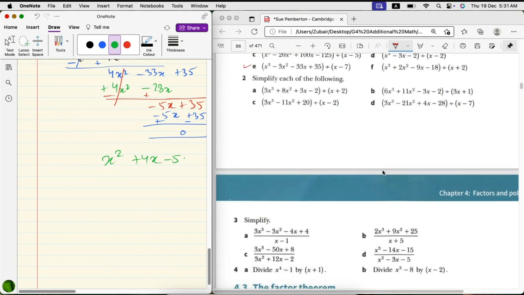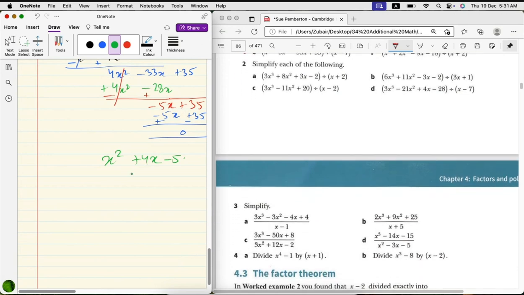Pick one from question 2. D. D, you said D, doctor? Yes. 3x cubed minus 21x squared plus 4x minus 28, and we divide it with x minus 7.